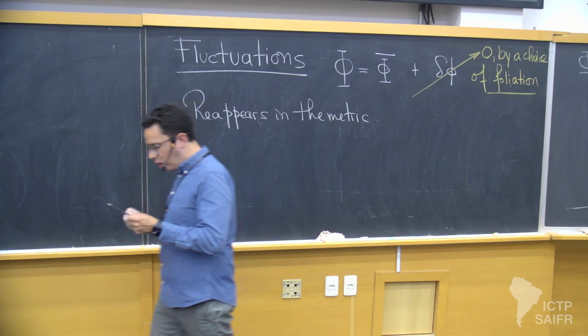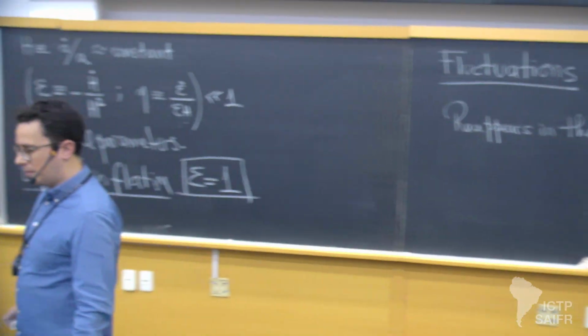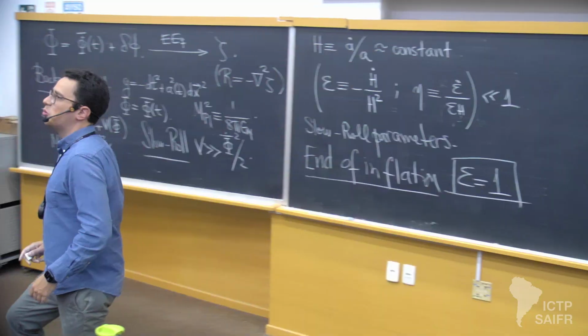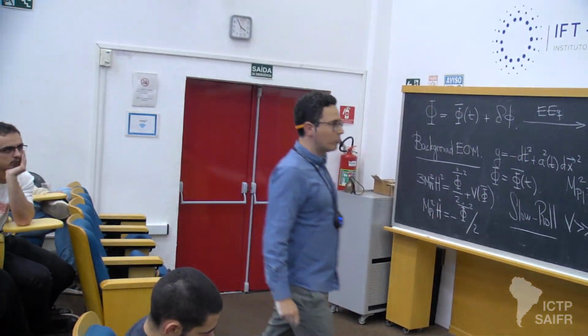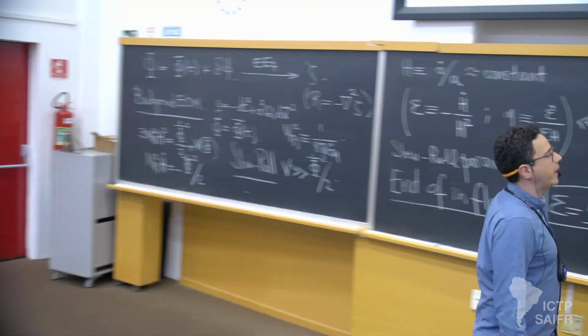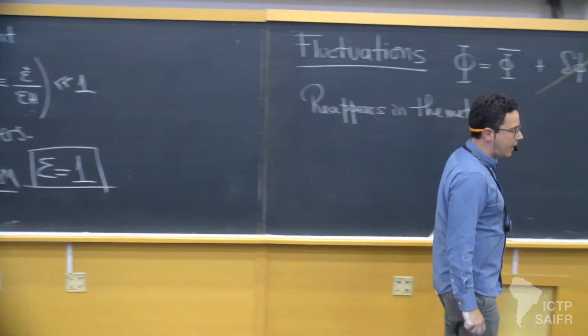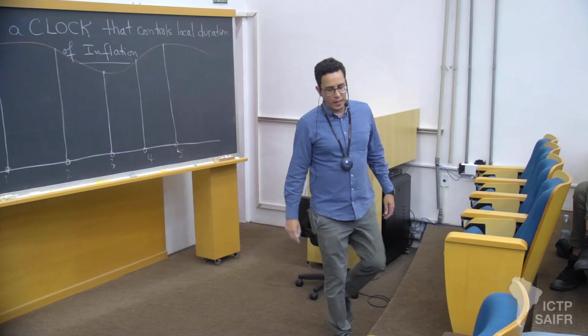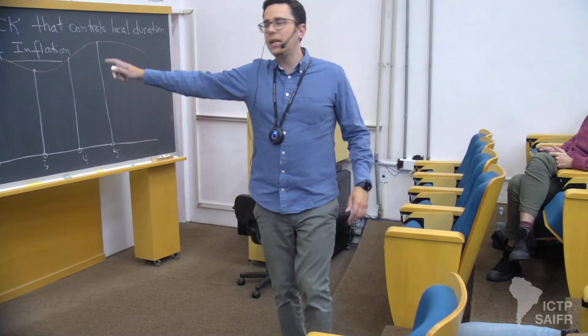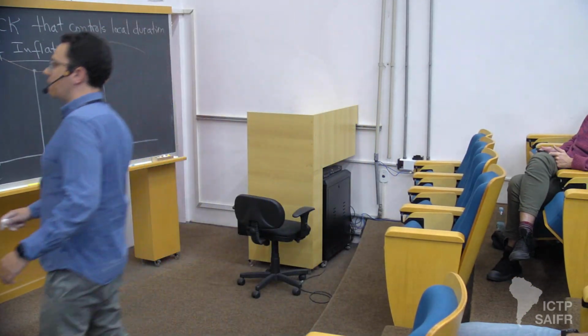What is this thing called? It's one of the most important phenomena of particle physics. So you have a scalar field that acquires an expectation value, and these fluctuations disappear. They reappear in another field here, the metric.